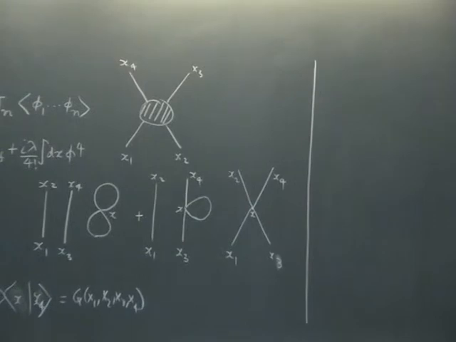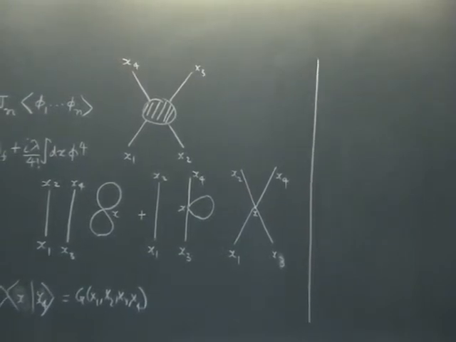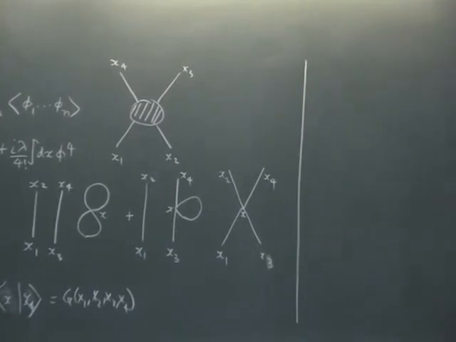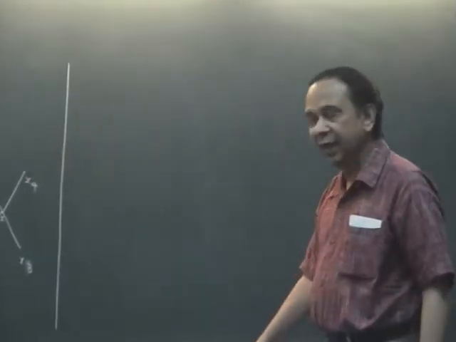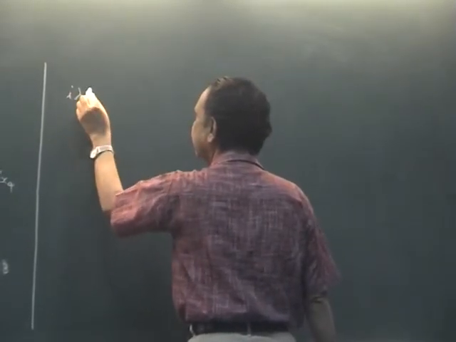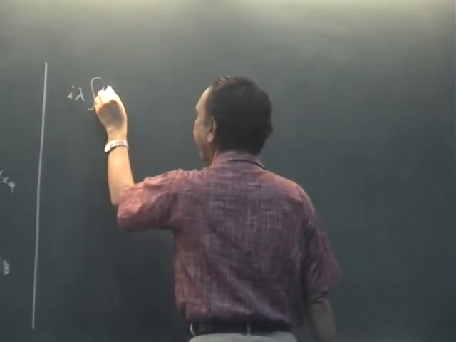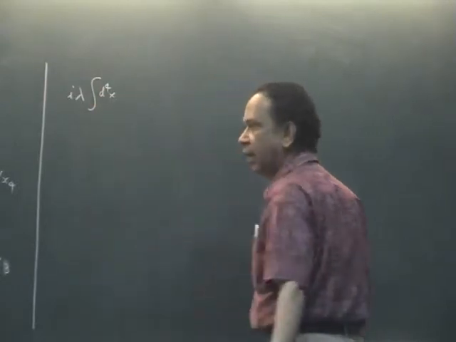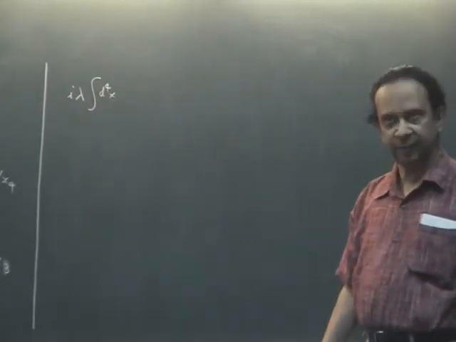And then I want to do the Fourier transform of this on x1, x2, x3, x4. Okay? What will I get? So let us look at the left hand side itself. The left hand side has I lambda d4x. Now I am going to write each one of them in Fourier space.